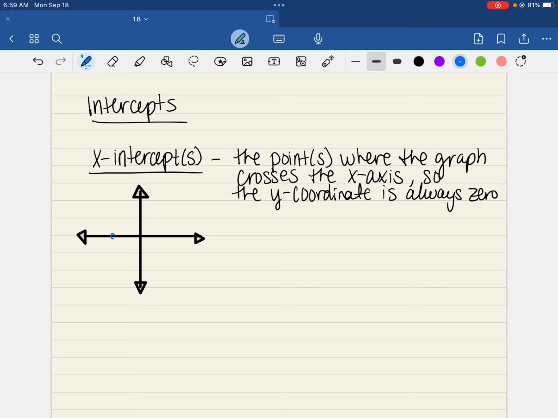So if we have a point that crosses at the x-axis, like such, we will have the x first and the 0 as our y value. So an x-intercept will always be an x value and a 0.